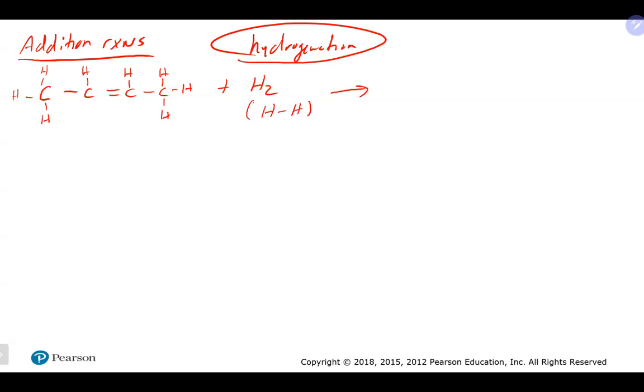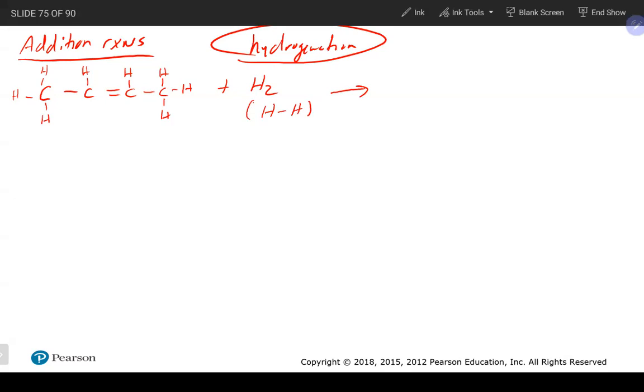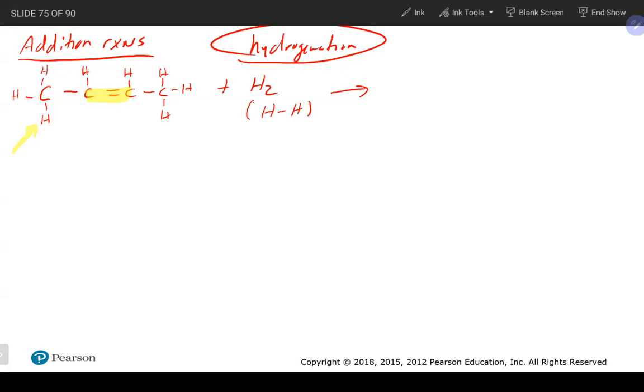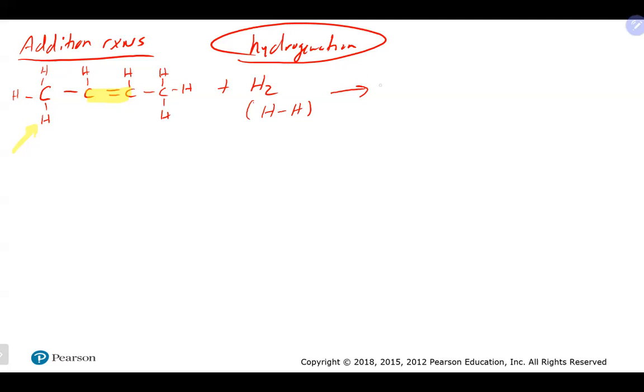So once again, the only thing we're focusing in on is this part right here, and we're just going to turn it into a single bond. I am literally drawing this exactly the way it is, going left to right, just turning the double bond into a single bond. When these reactions occur, no magical chemistry happens, where weird things happen and it becomes a ring or something like that. Doesn't happen. So just copy exactly what you have there.